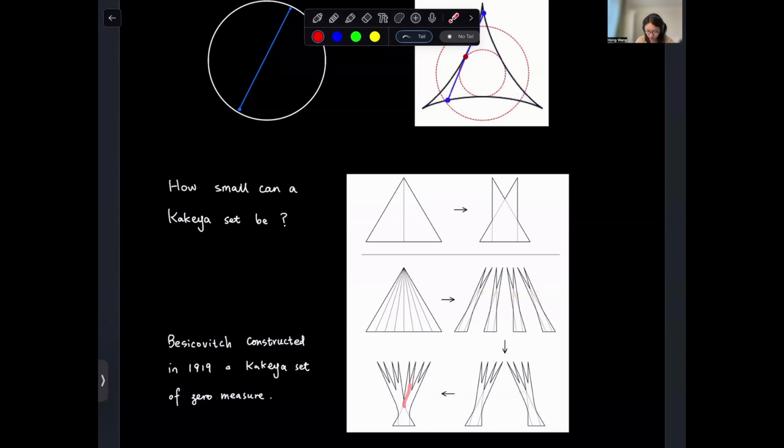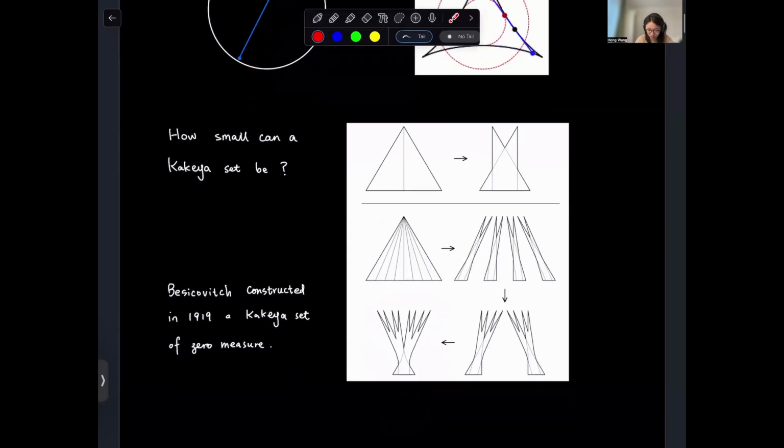This becomes a very spiky picture. It's called a Perron tree. And this process will give us a Kakeya set of arbitrarily small measure, which is a big surprise.